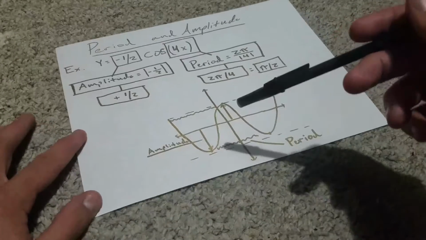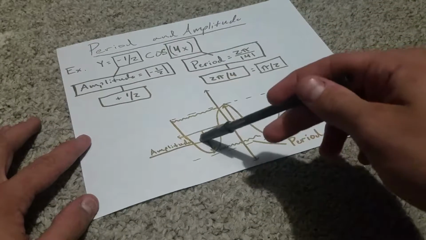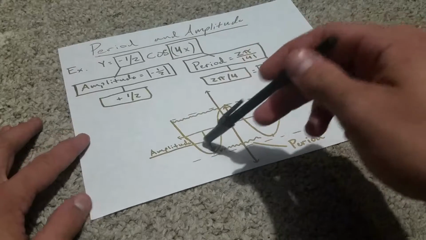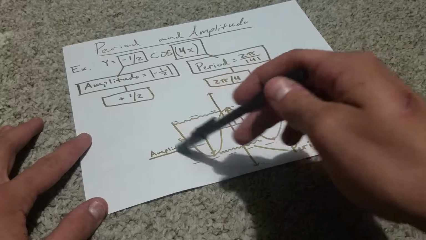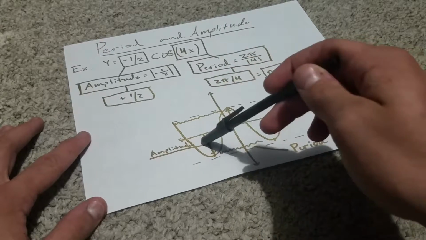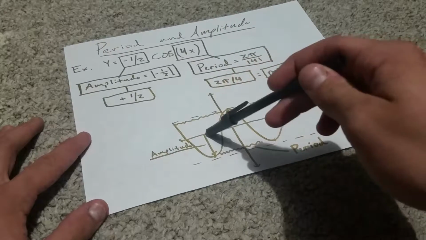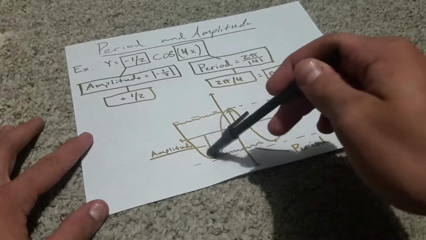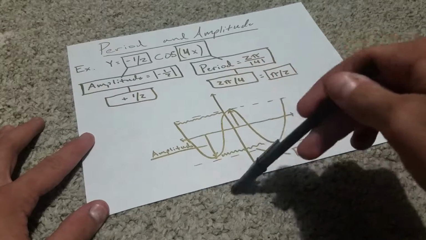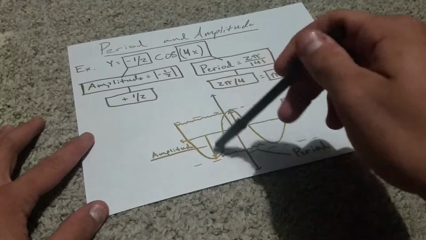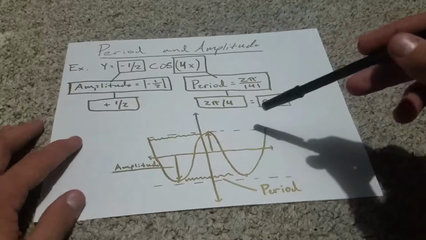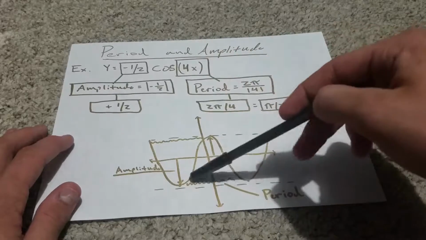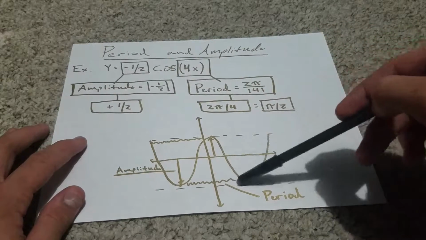On the graph, the amplitude is what makes the graph either shallow or steep. The bigger this is, the steeper the graph will be, and the smaller it is, the more shallow it will be. So that just affects the verticalness of the graph.